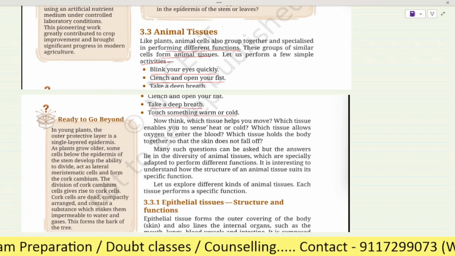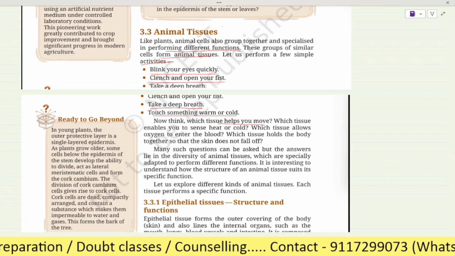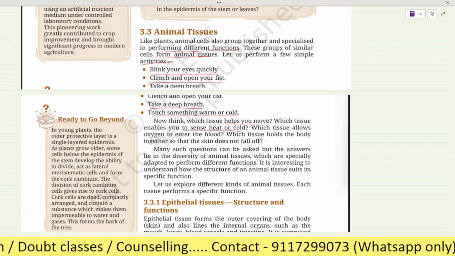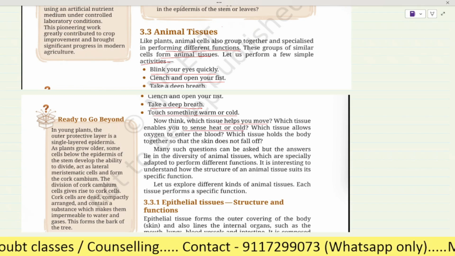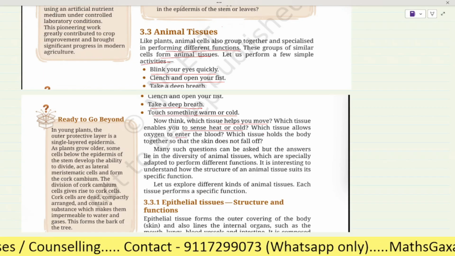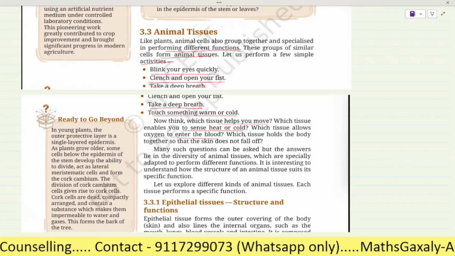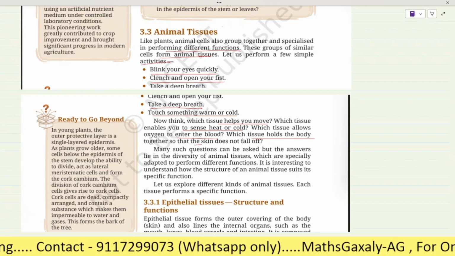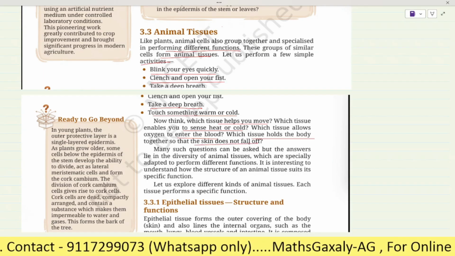Now think which tissue helps you move. Which tissue enables you to sense heat and cold? And which tissues allow oxygen to enter the blood? Which tissue holds the body together so that the skin does not fall off?